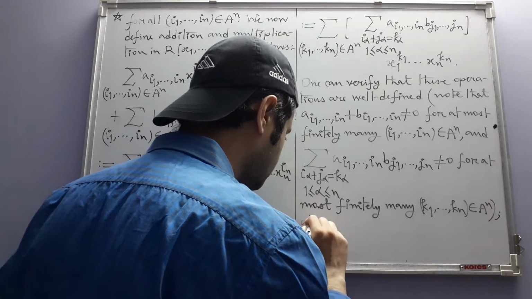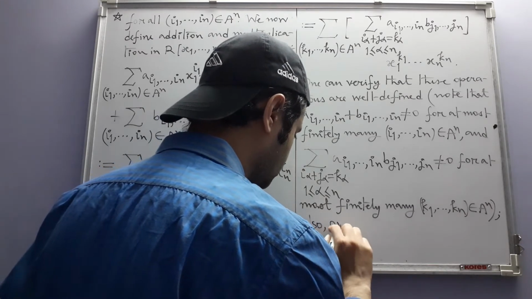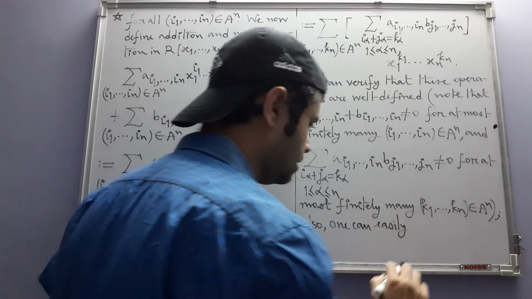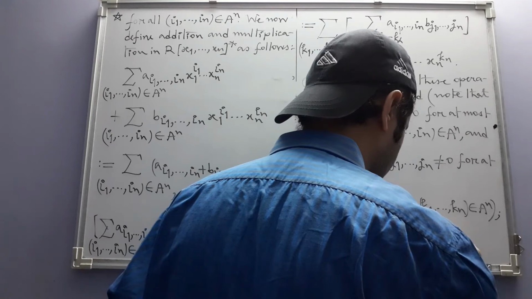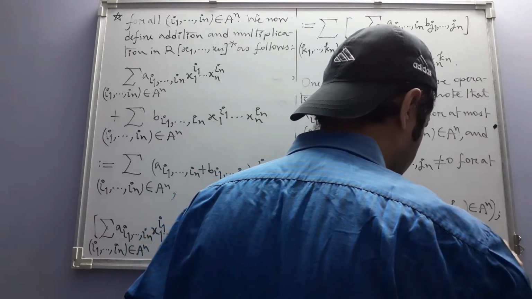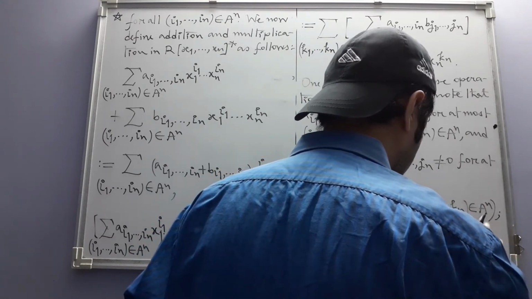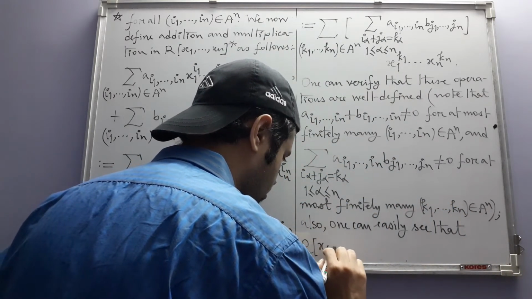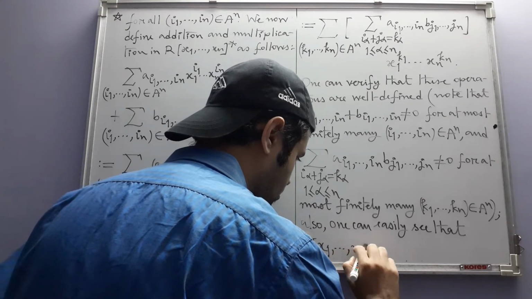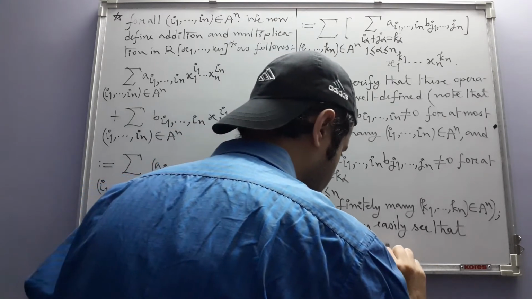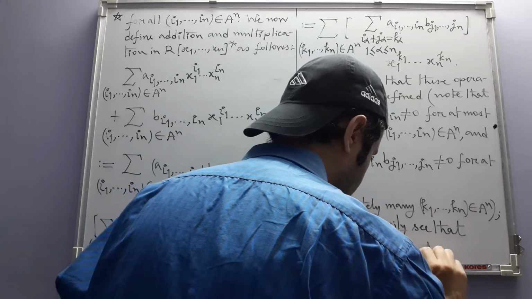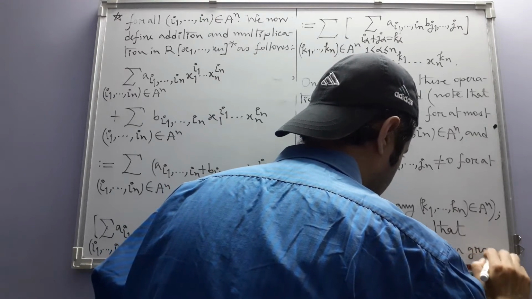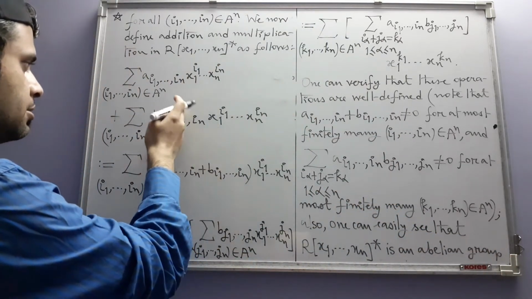Also, one can easily see that R, let me write it in the next line, is an abelian group with respect to this addition.